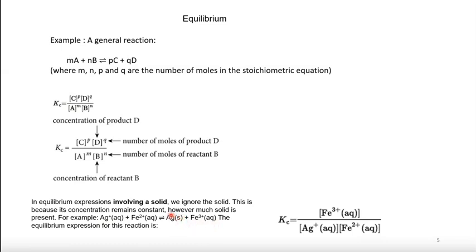Since silver is a solid product, we ignore it and take the aqueous ferric ion, and then divide by the reactants, that is silver ion and ferrous ion. And this is the equilibrium constant for this particular reaction where a product is a solid.